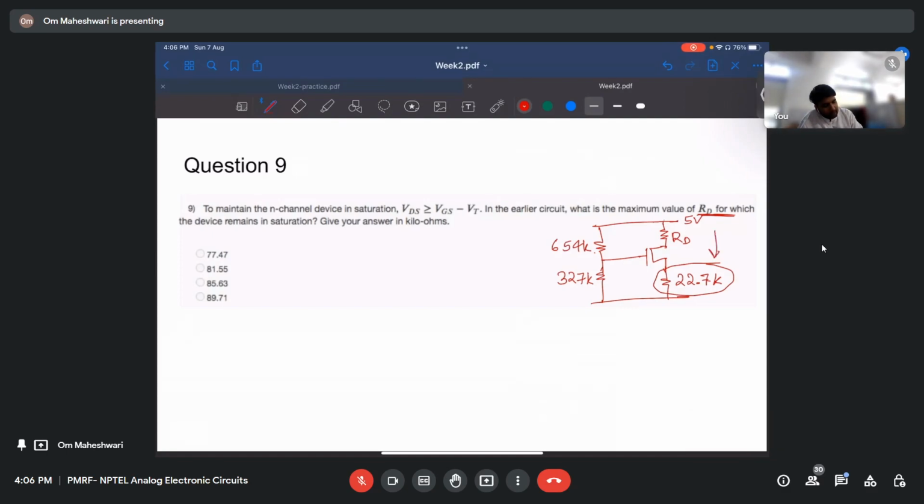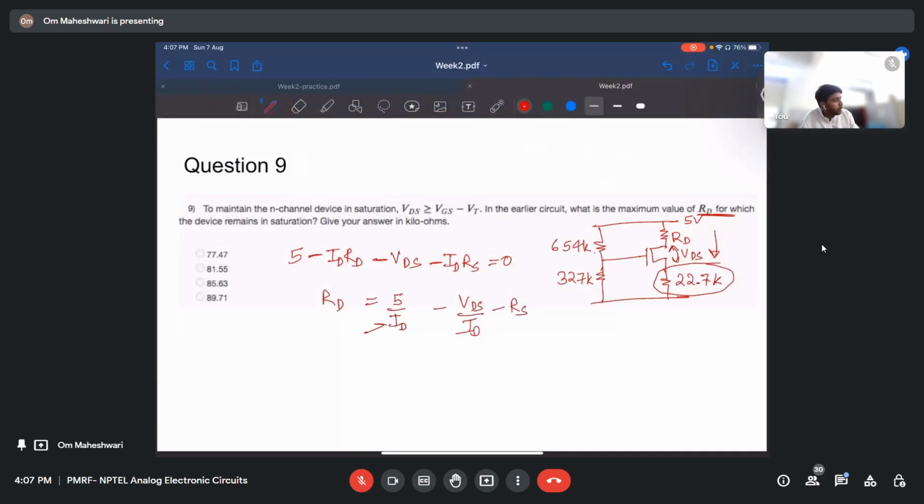If I apply KVL here, 5 minus ID RD minus VDS, if the voltage here is VDS, minus ID RS equals 0. If I rearrange for RD, it will become 5 by ID minus VDS by ID minus RS.